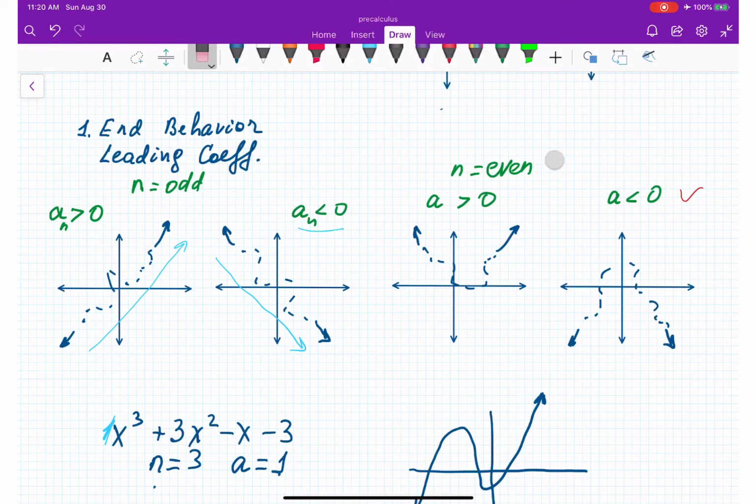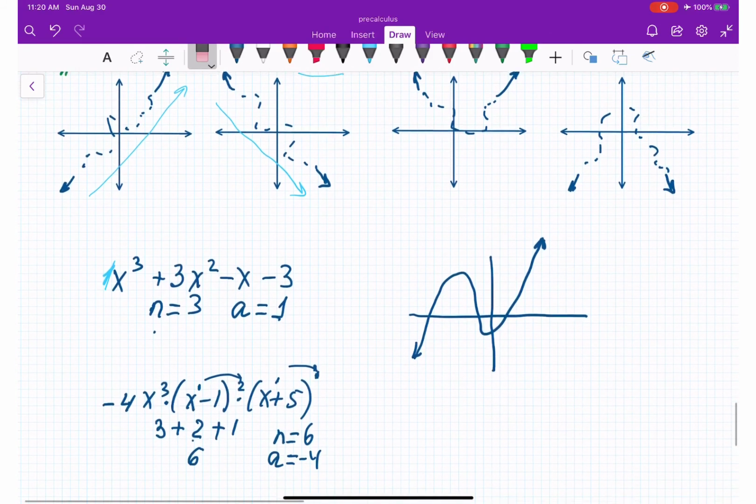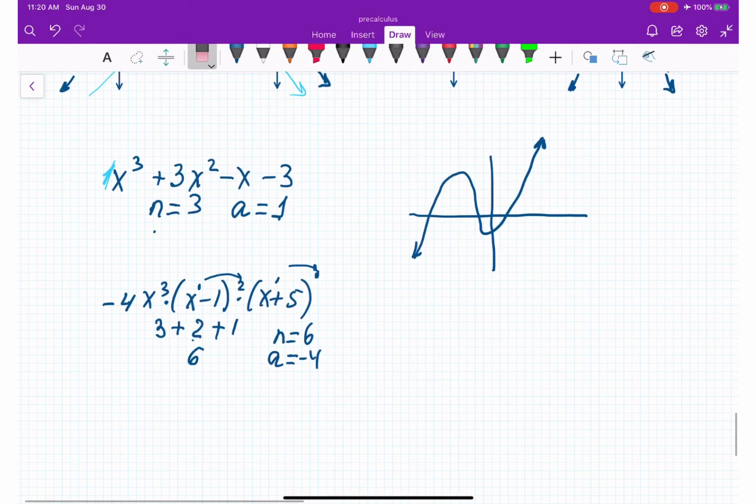Whoever has a graphing calculator, you can open it and see. It's going to look like this.